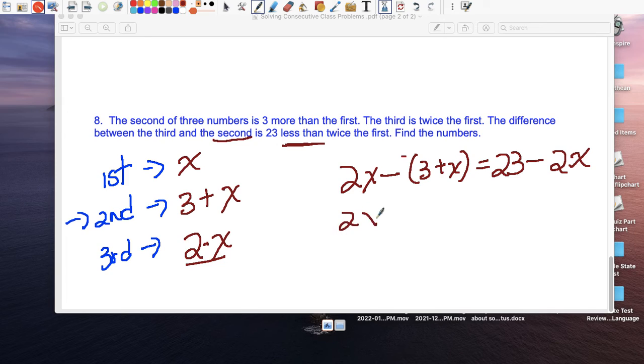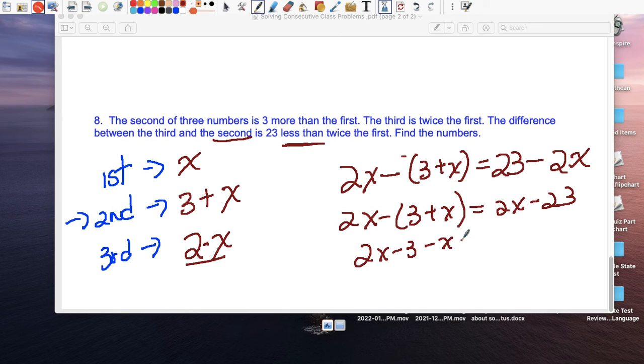So I'm going to have to do a little correction here. It's going to be 2x minus 23, right? Okay, so there's a lot of things happening here. 2x minus 3 minus x equals 2x minus 23.